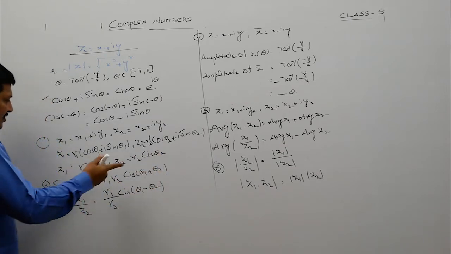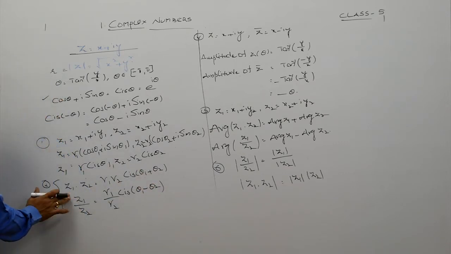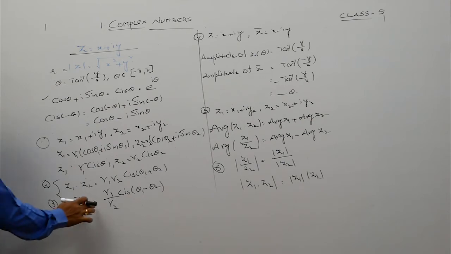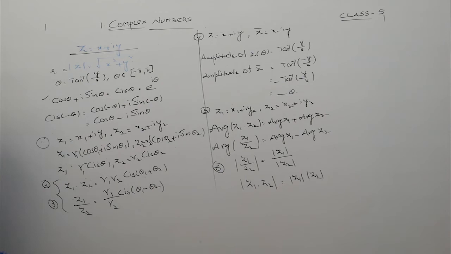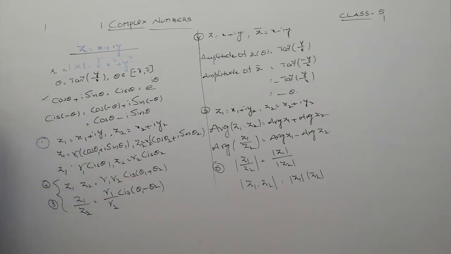So multiplication has transformed to addition. And here z1 by z2, the division, is equal to again r1 by r2 into cis θ1 by cis θ2, and you can see here cis (θ1 − θ2).